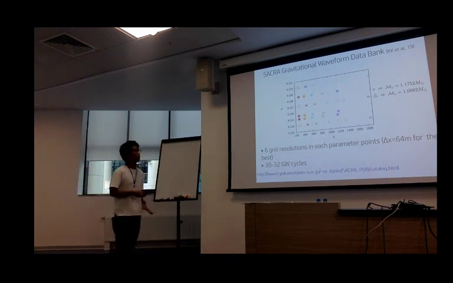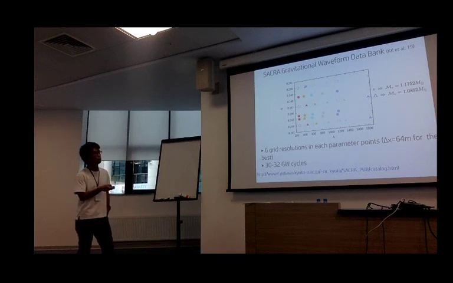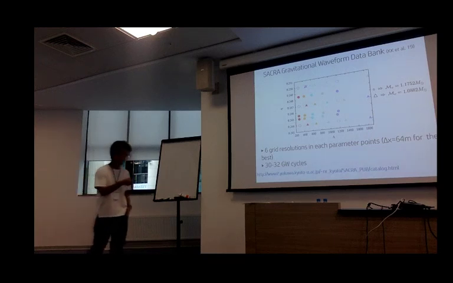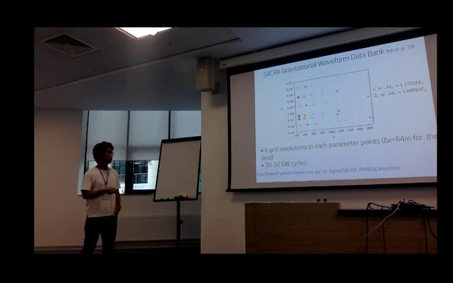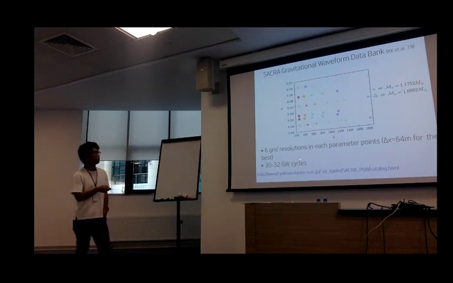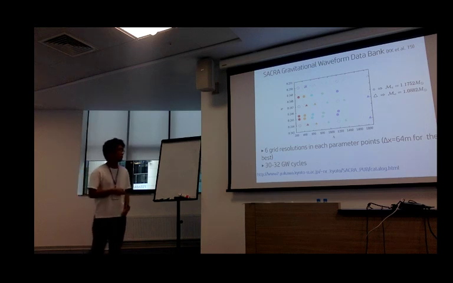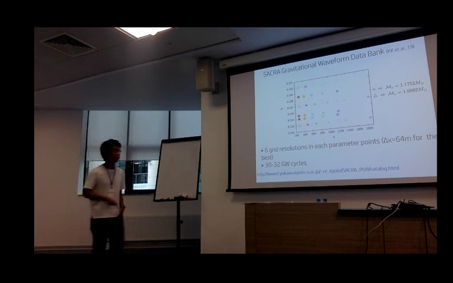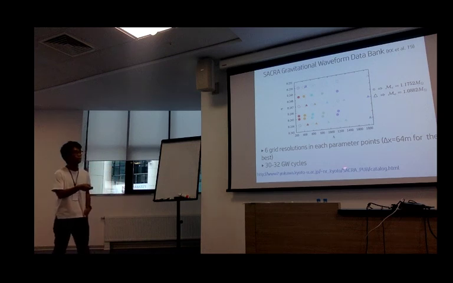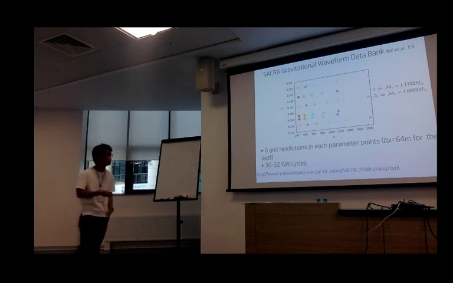And the highest resolution case is 60 meters or something like that. And this is the highest resolution simulation to date, not only in our group, but also in the world. So anyway, the gravitational waves have 30 or 32 cycles, and we release this gravitational wave data on the website. So if you are interested, or if you want to perform your independent analysis, please download the data from this URL.